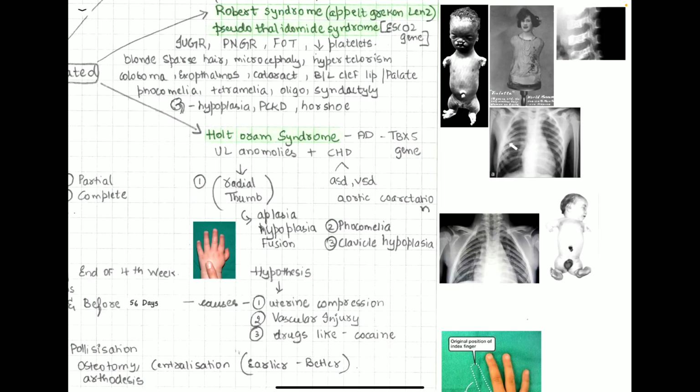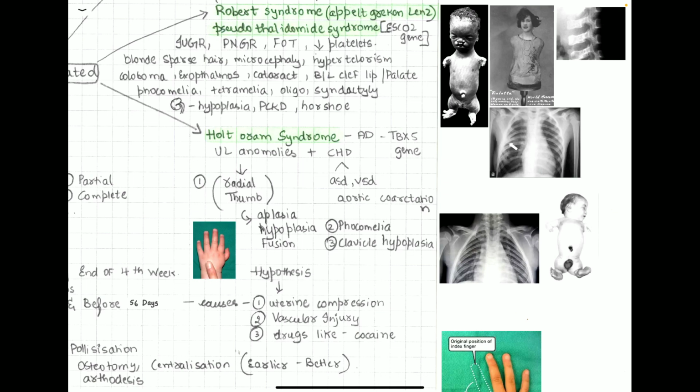In upper limb anomalies, there can be radial or thumb aplasia, hypoplasia, or fusion. In the image shown, there is thumb hypoplasia. Also, it is associated with congenital heart disease, in which atrial septal defect is the most common, followed by VSD and aortic coarctation.